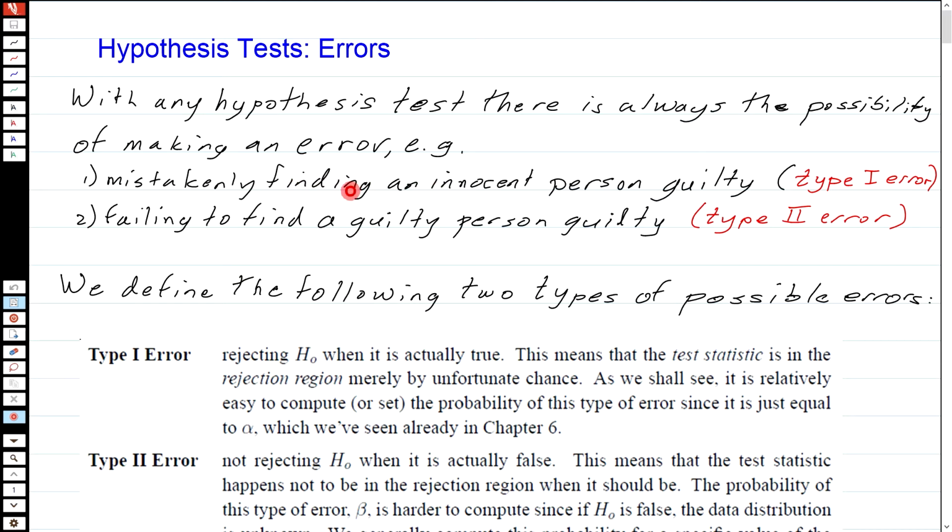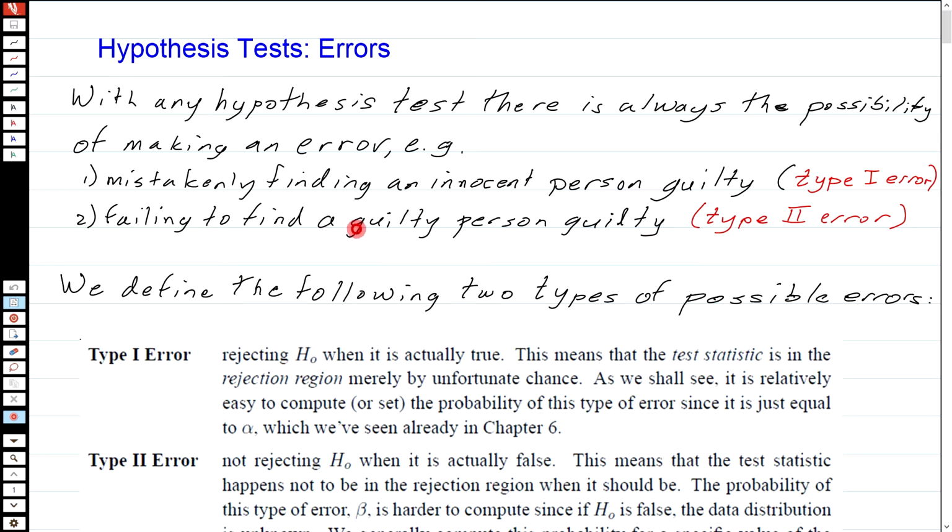So we reject H naught when it's actually true. H naught in the judicial system is that people are deemed to be innocent. If we mistakenly find an innocent person guilty, then we've rejected H naught when it's actually true, and that's a bad thing. So type 1 error in the judicial system is to be avoided.